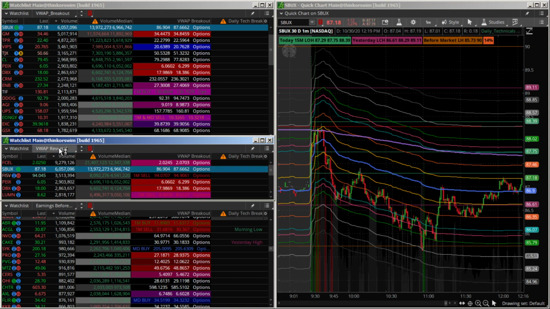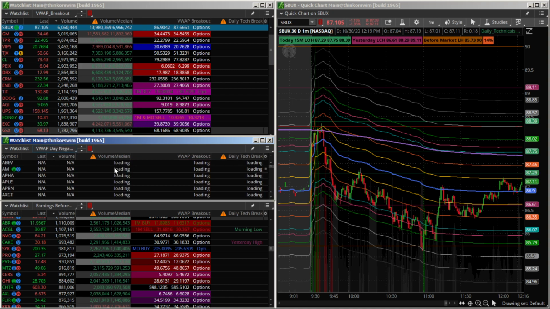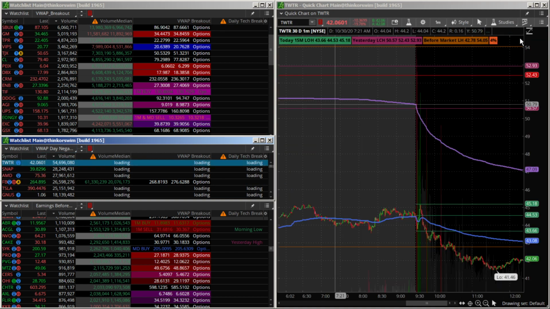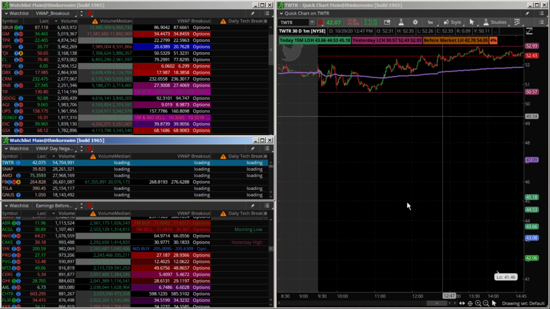There are other ones that I do have, which is positive and negative. So let's go to the VWAP day negative. So this one is based on the 5%. It can easily be changed. So if I look at Twitter, we're less than 5% of the day under the VWAP.